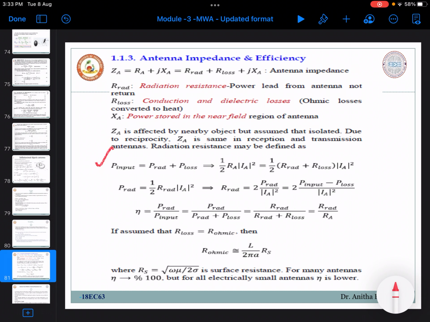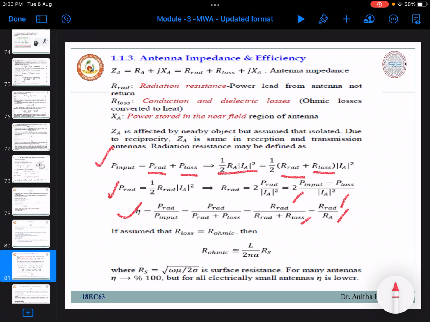So input power is nothing but radiated power and the loss power. Input power is I square R, radiated power is I square R only, but R is the radiation resistance. Loss power is I square R, where R is the loss resistance. From that you can calculate the radiated power. From that, efficiency is P radiated by P in, P radiated by P radiated plus loss. If I express it, then you will get radiation resistance to total resistance.